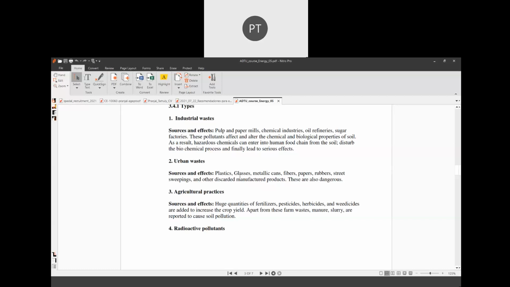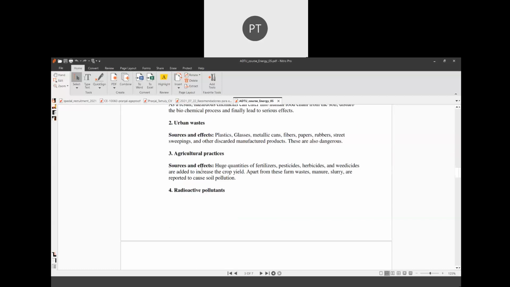Also from agricultural practices, source and effects of these practices. Say we use huge quantities of fertilizer, pesticide, herbicide, weedicide, which are added to increase the crop yield. So this is the normal practice in our agricultural side.